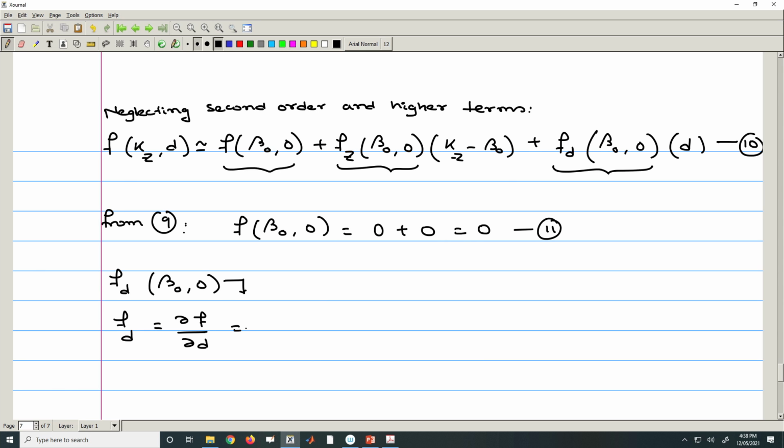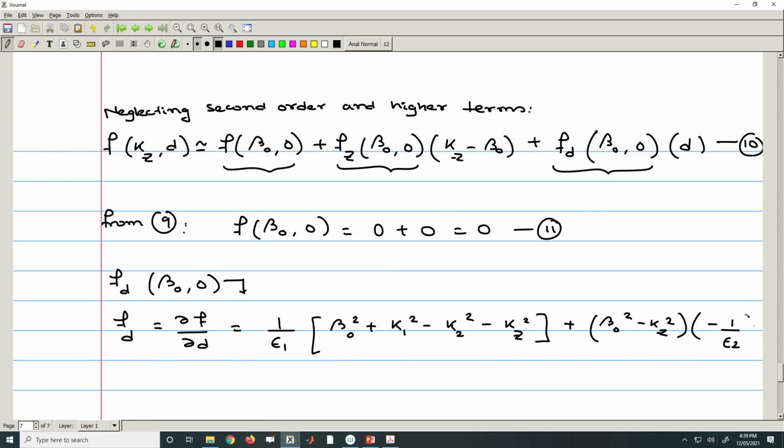Differentiating equation 9 with respect to d, from the first term we will get 1 upon epsilon 1 times (beta naught square plus k1 square minus k2 square minus kz square), and from the second term we will get plus (beta naught square minus kz square) times minus 1 upon epsilon 2.